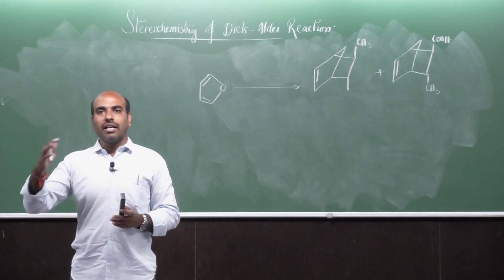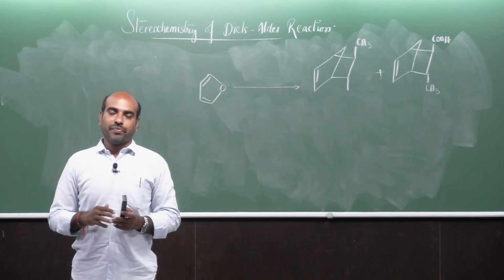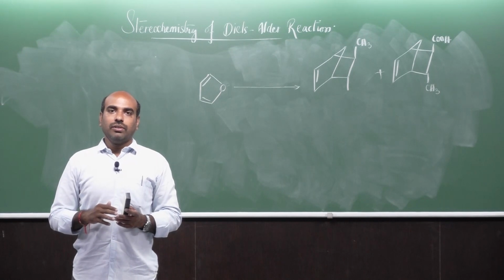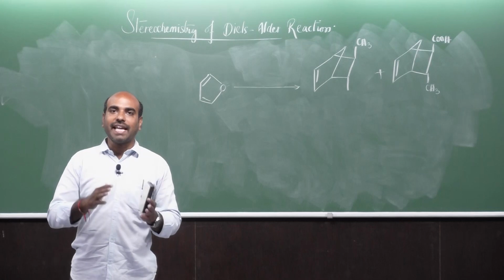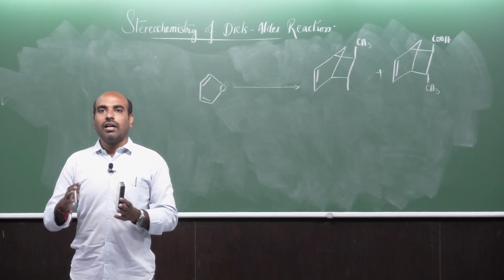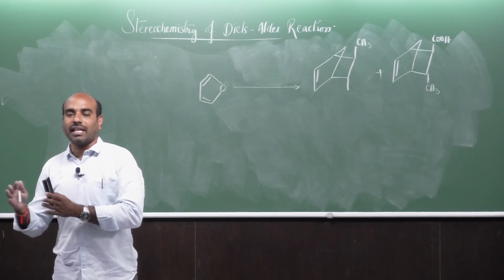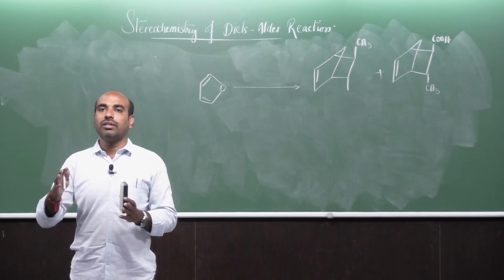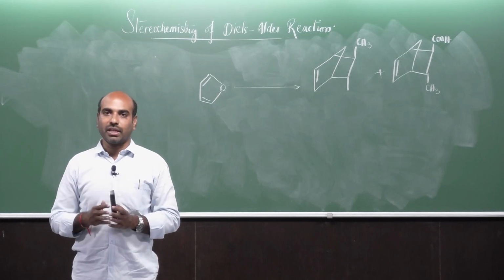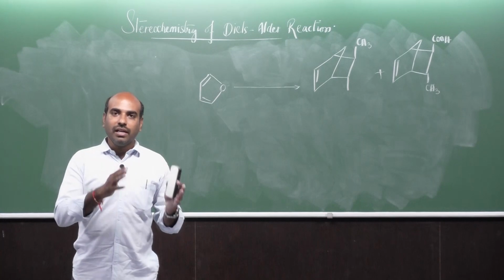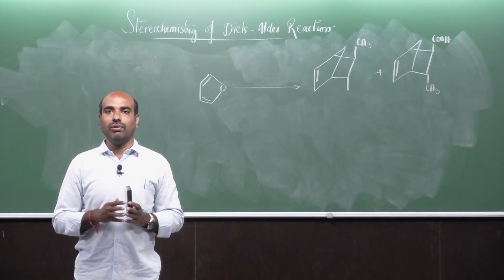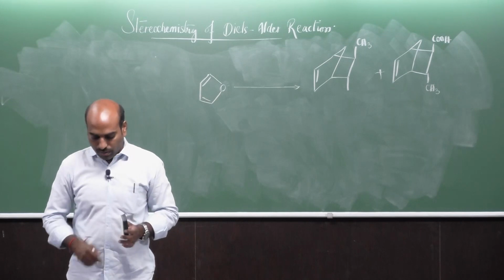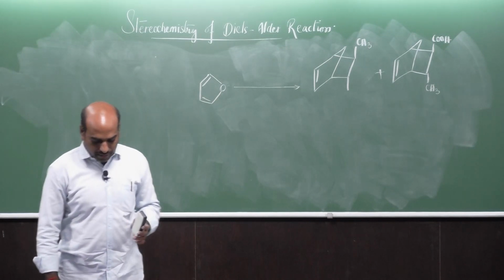So, it takes time. At room temperature, it reacts with the dienophile and then gives you the exo product as the major product on prolonged duration of time at room temperature, because of the little less reactivity of the aromatic furan molecule as the diene, right. So, that is an exceptional case.